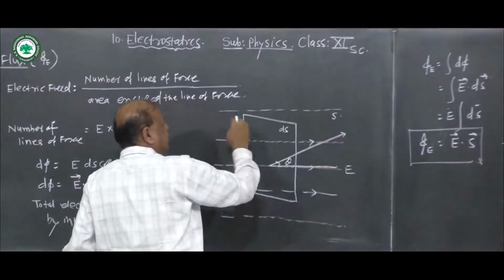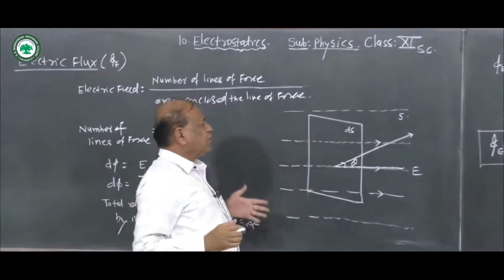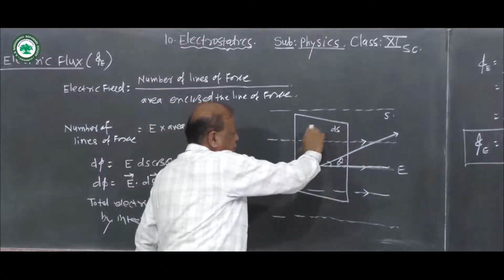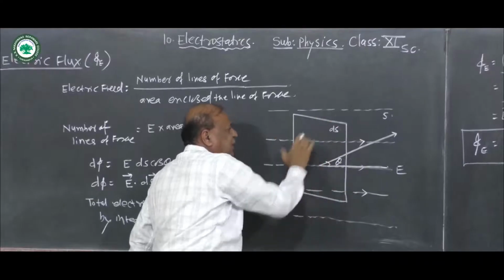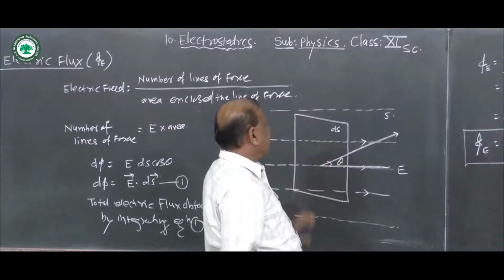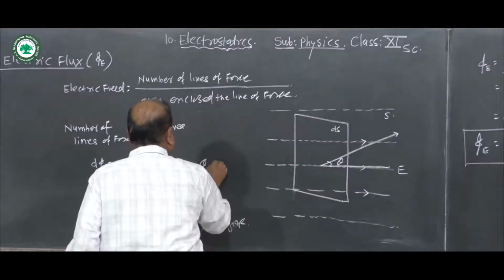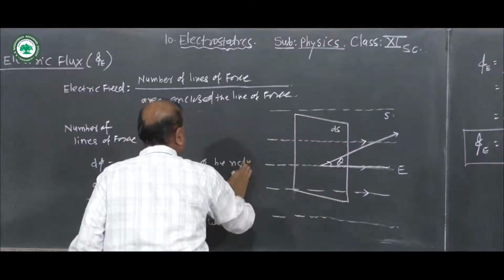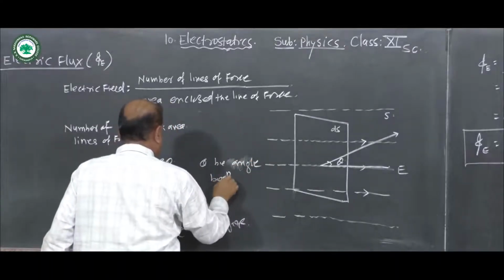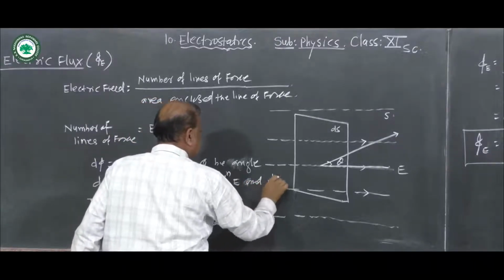For simplicity, we consider the total surface area S. Now this electric field is perpendicular to the surface area ds, and theta is the angle between E and ds.